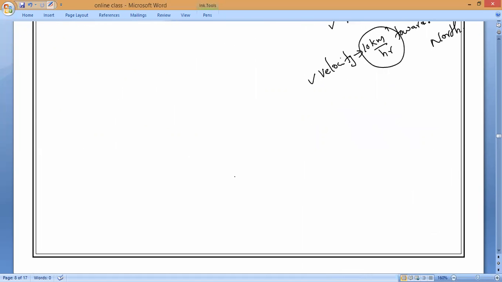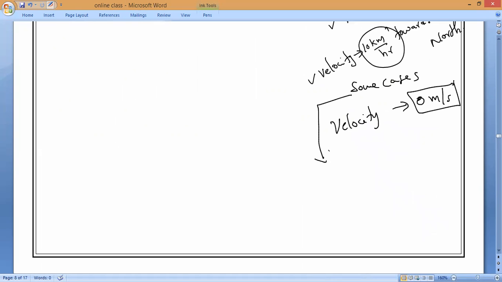Now, one interesting fact I am telling you, I will teach you. Velocity will become zero in certain cases. Velocity will become what? 0 meter per second. Do you understand it? In some cases velocity will become zero, but speed will never become zero. Is it okay?